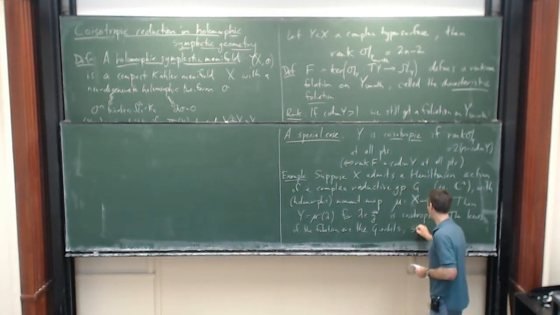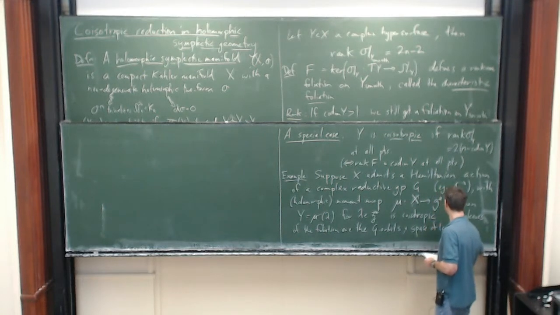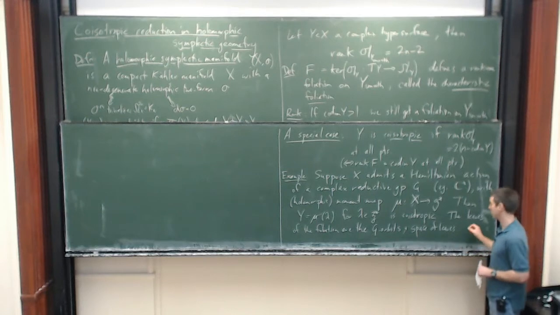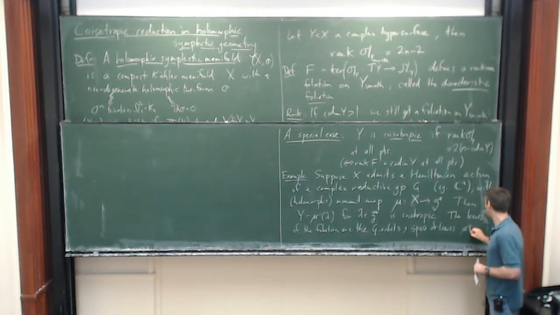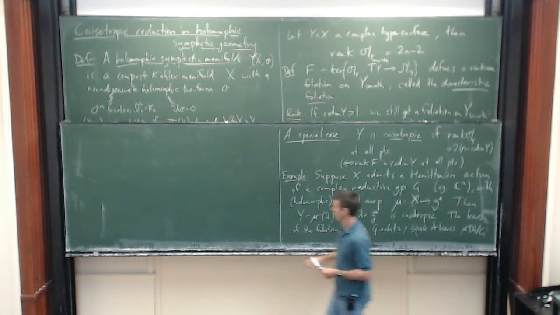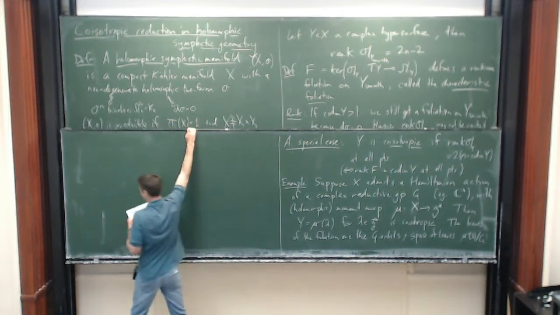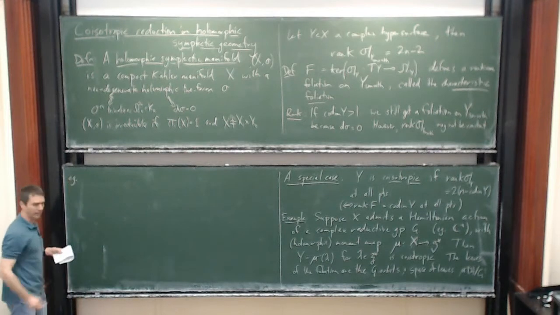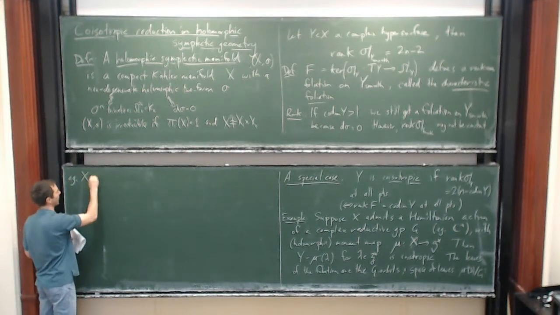And the space of leaves is the holomorphic symplectic reduction. So again, you want to consider maybe a non-compact example.